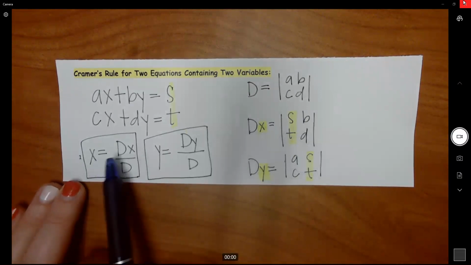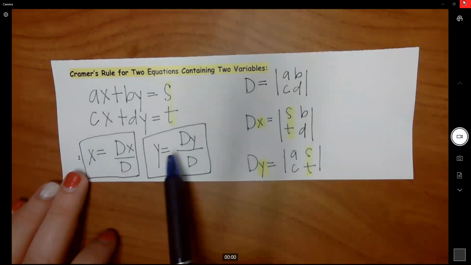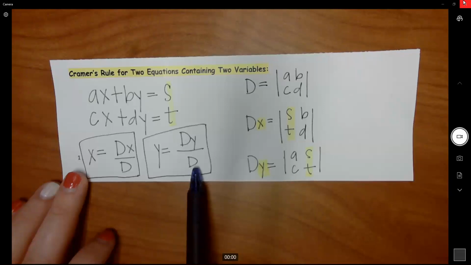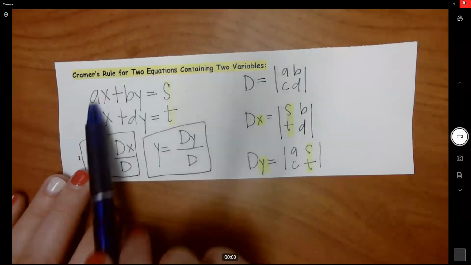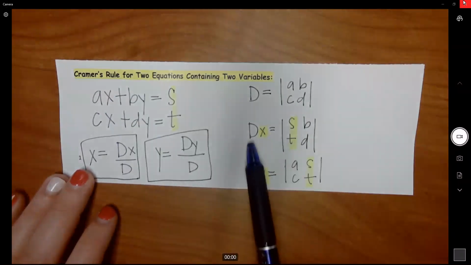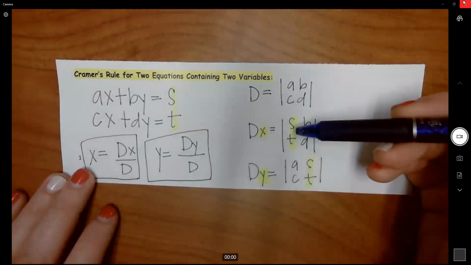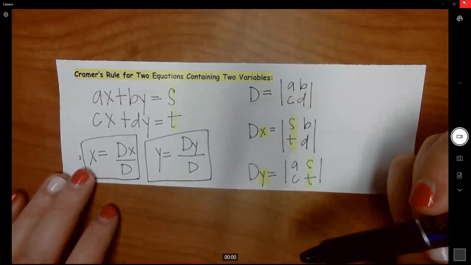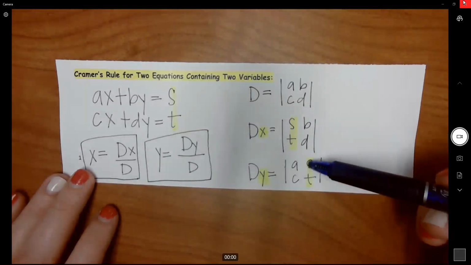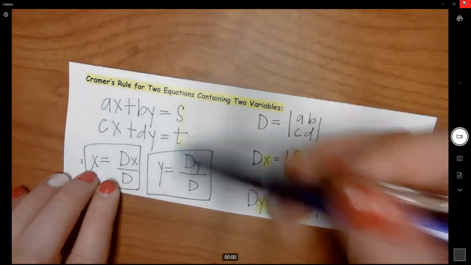So my x was d sub x over d, my y was d sub y over d. My d was the coefficients with my x and y. And then for d sub x, I replaced my x column with what the equation equaled. And for d sub y, I replaced my y column with what this equaled.